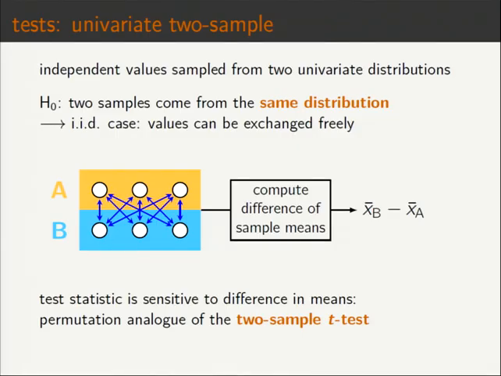So you have plenty of possible exchanges. What you do is you compute a test statistic, in this case, a difference of sample means, x bar b minus x bar a, and what you get is a permutation version of a two-sample t-test, in case you use a test statistic like this one, which is sensitive to the difference of means.